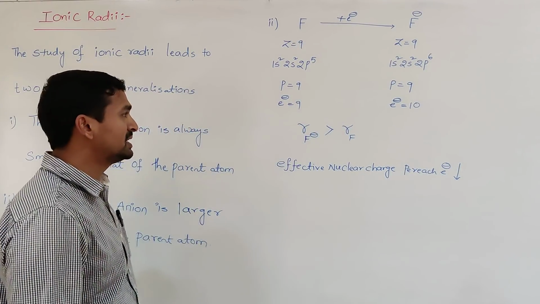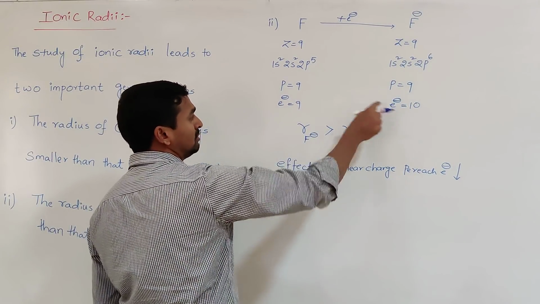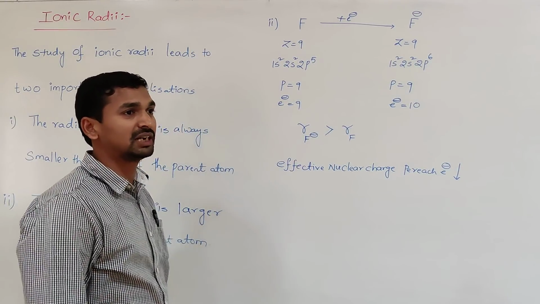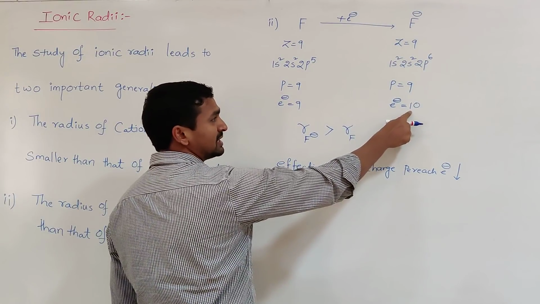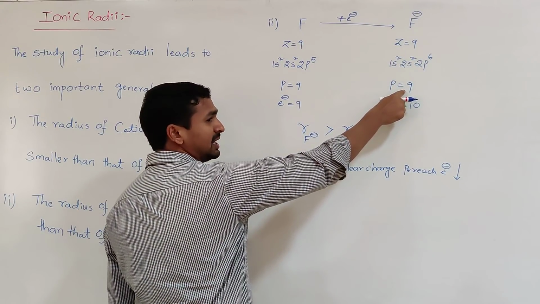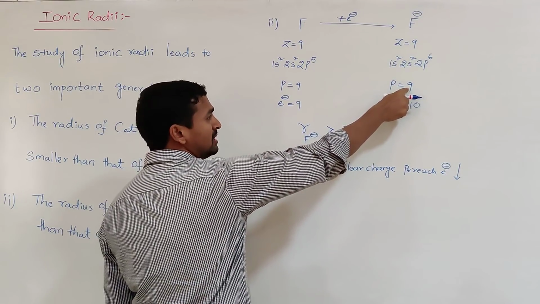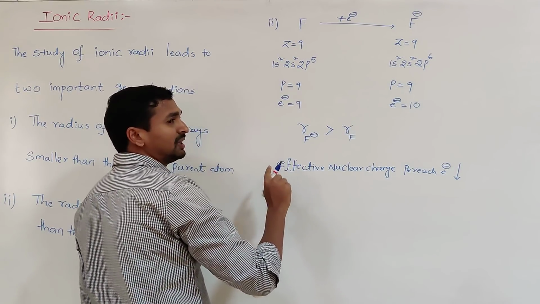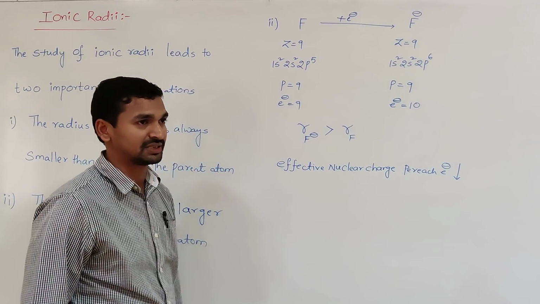In the previous case the number of electrons became less, so the effective nuclear charge for each electron increased. But here the number of electrons increases while the positive charge remains the same. When we distribute the positive charge over these 10 electrons, the net positive charge experienced by each electron decreases.